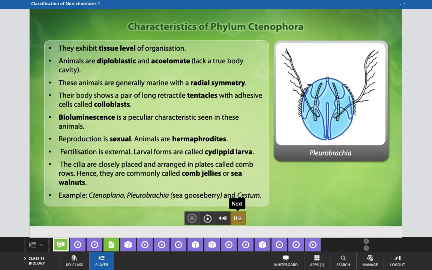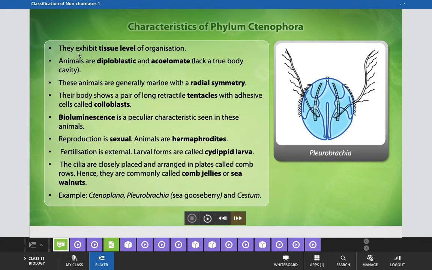Now this slide shows us the characteristic features of phylum Ctenophora, which is the third phylum of the non-chordate group of kingdom Animalia. The first phylum we have seen is Porifera, the second phylum we have seen is Coelenterata, and this is the third phylum, Ctenophora.